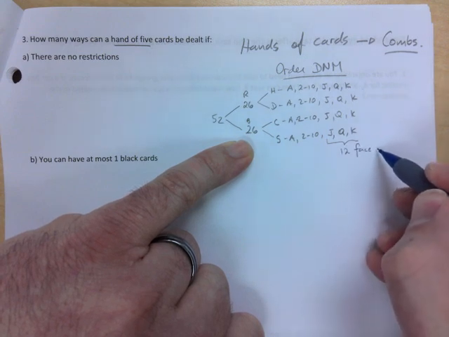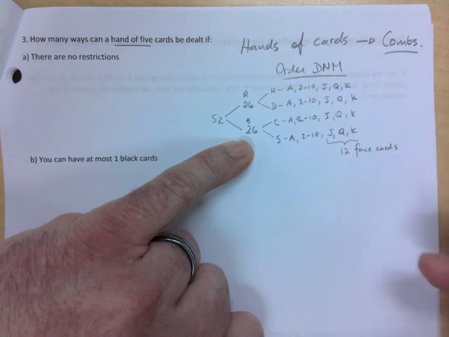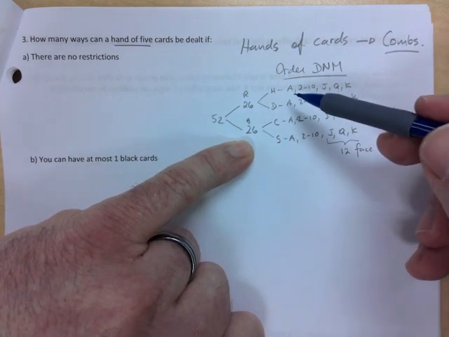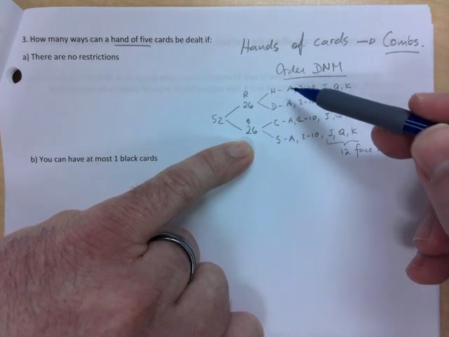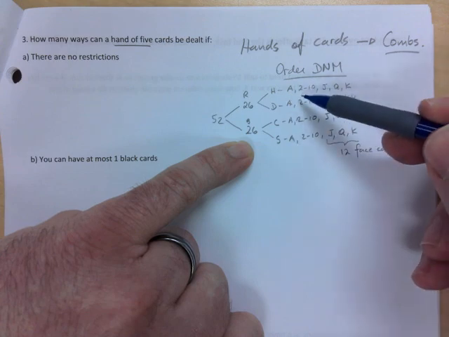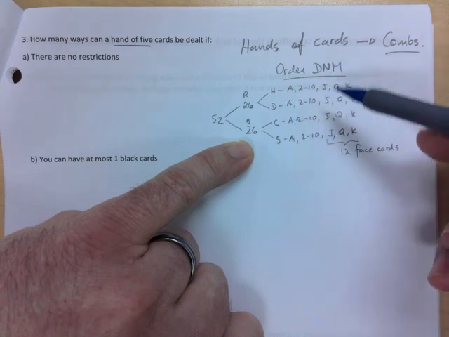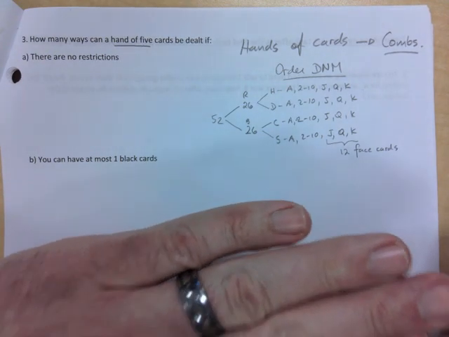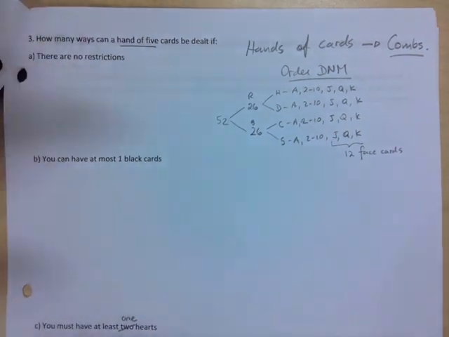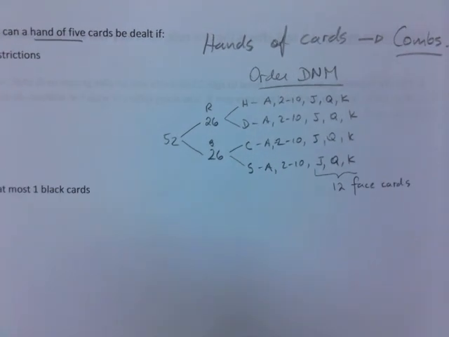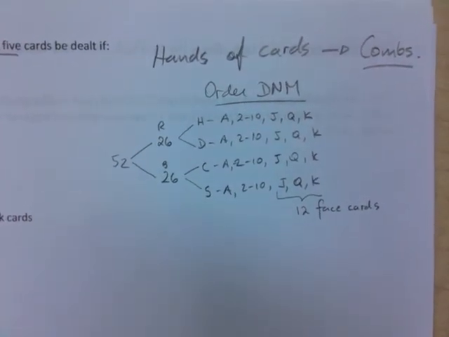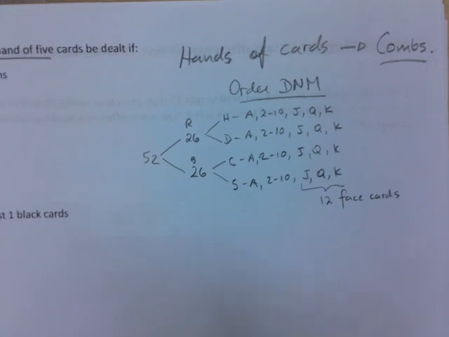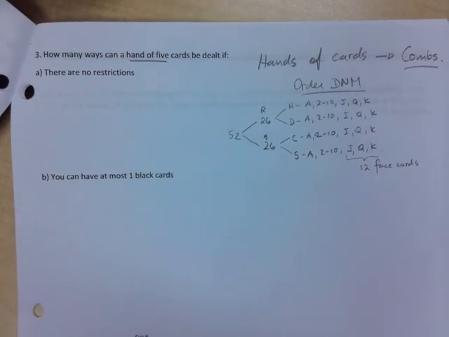There's 12 face cards. And obviously, if you consider the whole deck, there are 4 aces, 4 twos, 3s, and so forth. There's 4 of everything. Okay, so a little deck of cards on the side. Let me just zoom in so you can take a snapshot of this if you want to do that. There we go. So here it is.